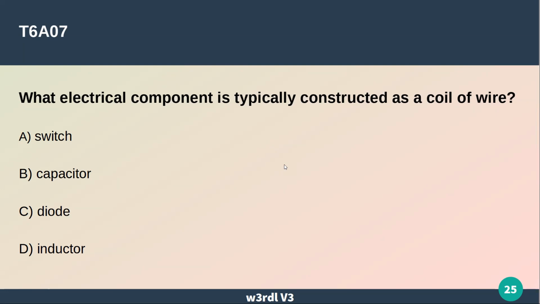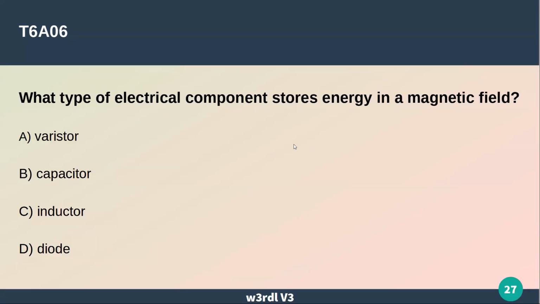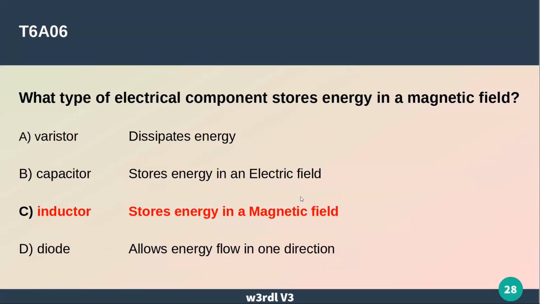So what electrical component is typically constructed as a coil of wire? What type of electrical component stores energy in a magnetic field? That's the difference: magnetic field for an inductor, electric field for a capacitor.